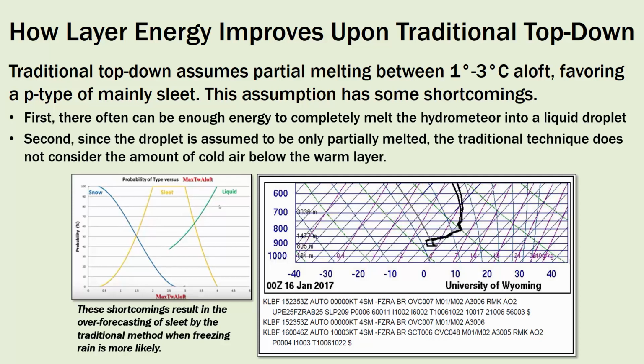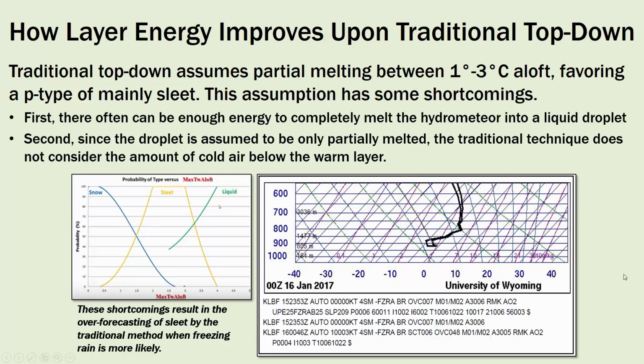If we consider this case here, the maximum temperature aloft was 2.6 degrees, so we're right in the middle of the sleet category. But if we look at the lower level cold air and do an energy calculation, we would find that the refreezing energy would be pretty low overall, and the maximum melting potential would be enough to result in total melting.